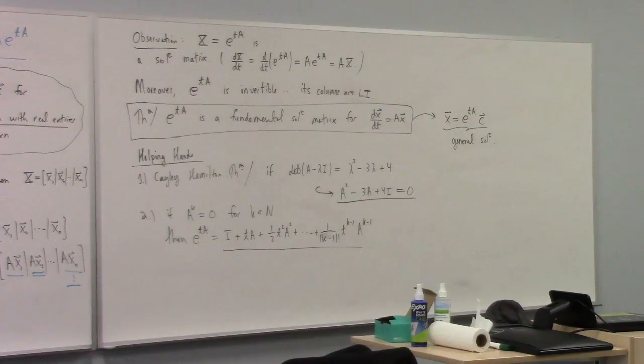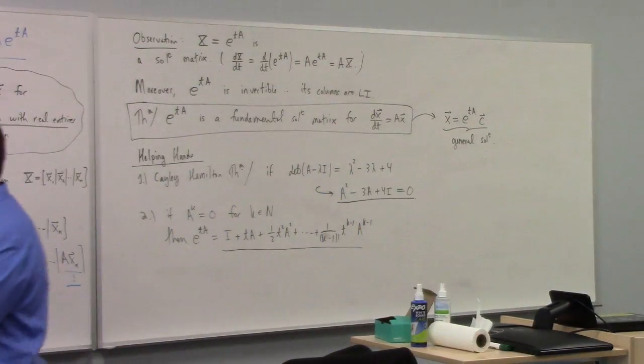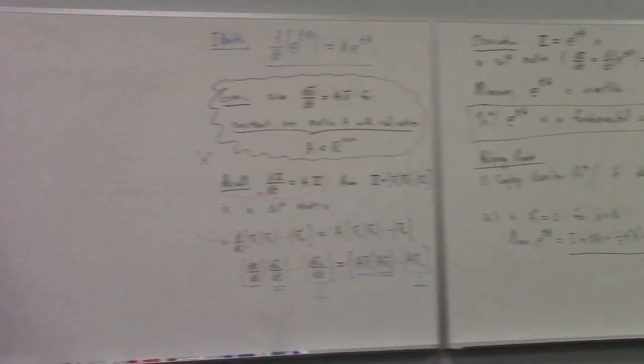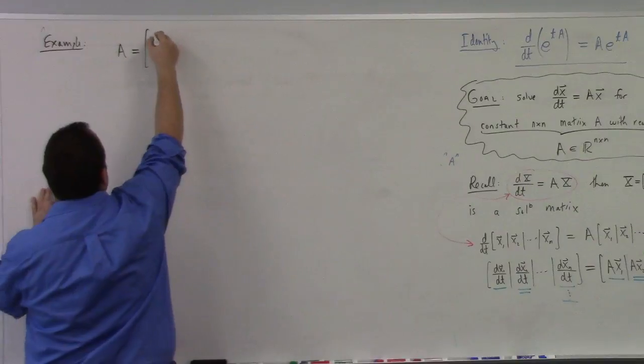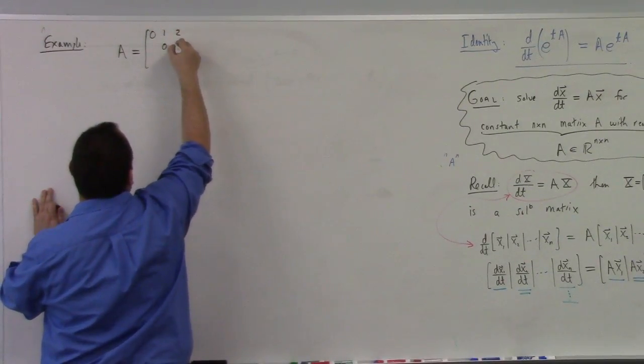Let me see if I can find you one. What's that? Yeah, I don't know. Let's see here. For example, this is kind of a lazy example, but here it is. 0, 0, 0, 1, 2, 1.